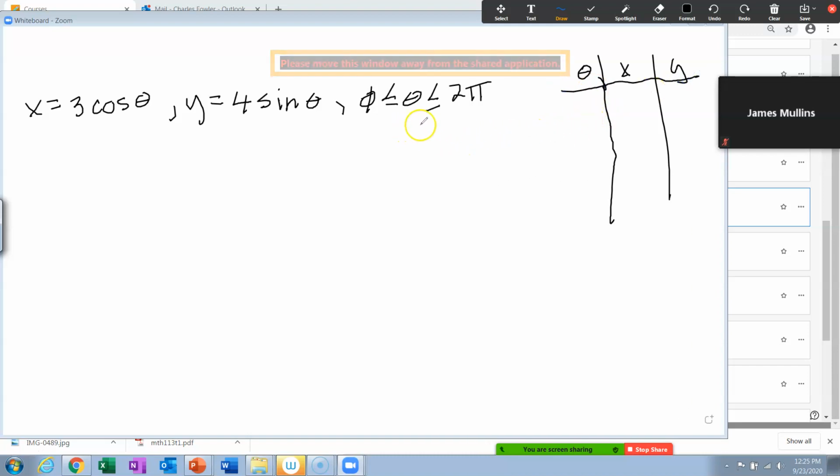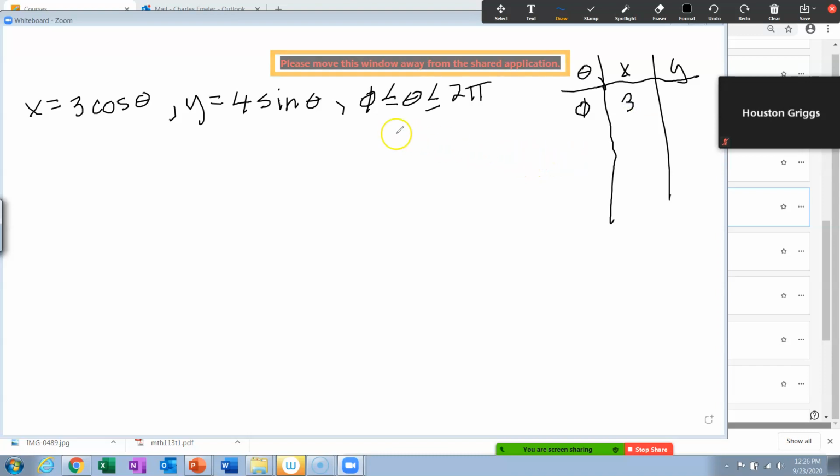Give me a theta between 0 and 2 pi. How about 0? Cosine of 0, anyone tell me what that is? 1. Okay, good. And 1 times 3 is 3.